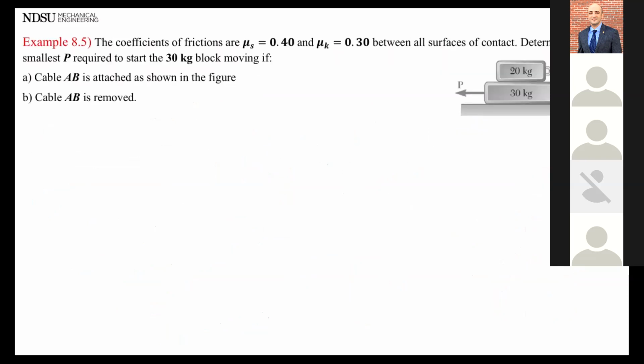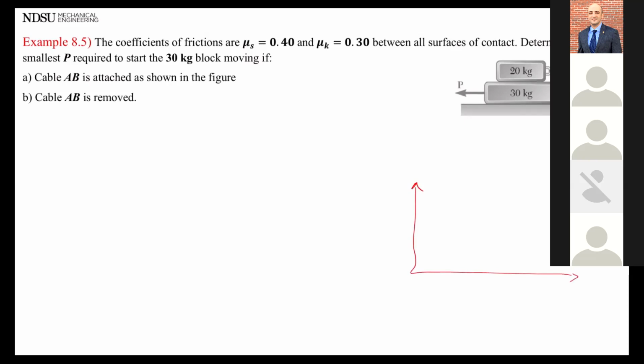Let's do this one, okay? I'm only going to do free body diagram, and then I'm going to come back and solve it. Coefficient of friction are this much and this much between all surfaces of contact. Determine the smallest P required to start the 30 kilogram block moving.